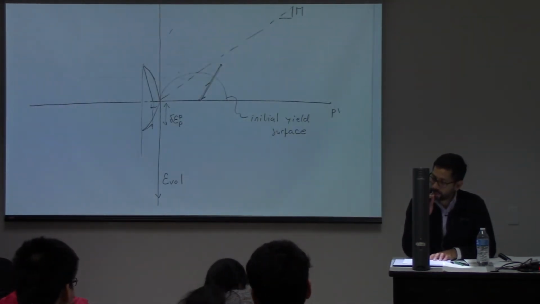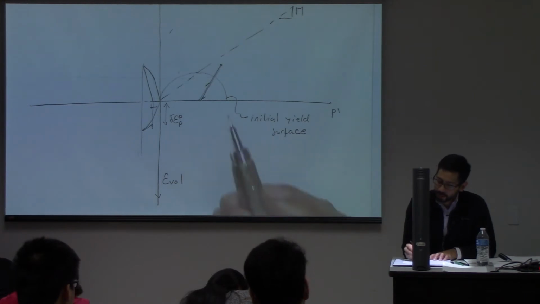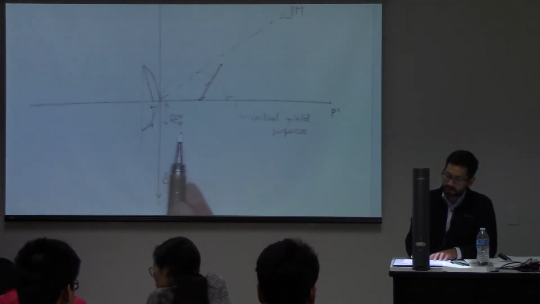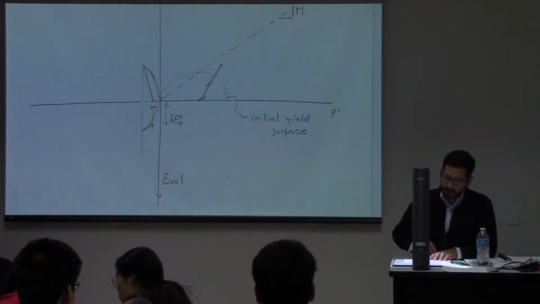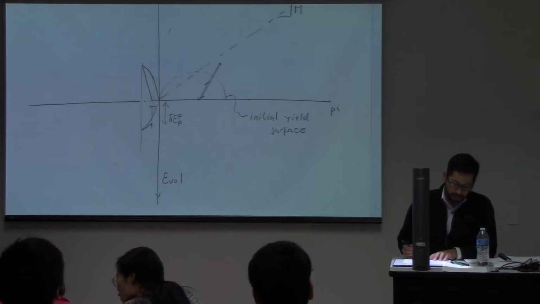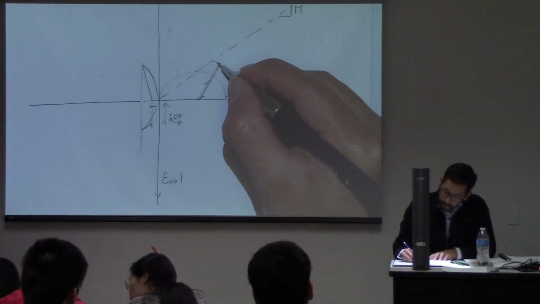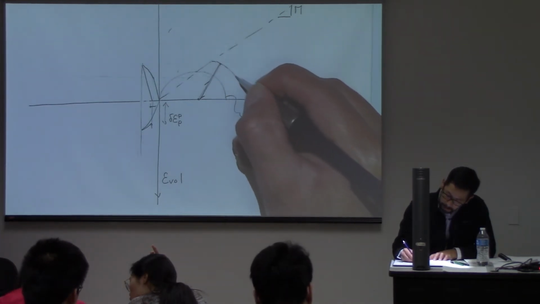Okay, before we do that, since we have moved over here, because of this change in volumetric plastic strain, now you're going to have a new yield surface.